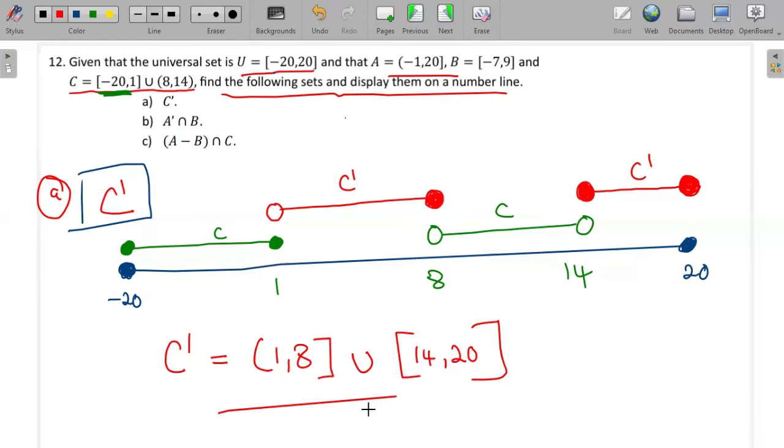So this is our set C complement. Any questions there?